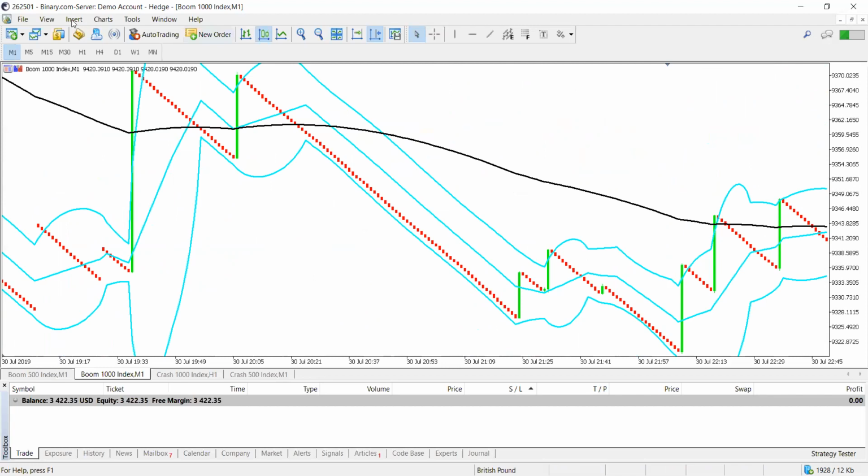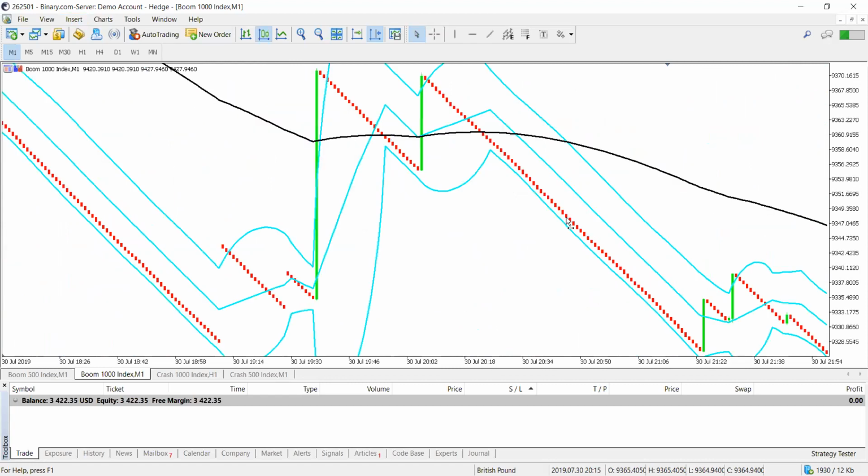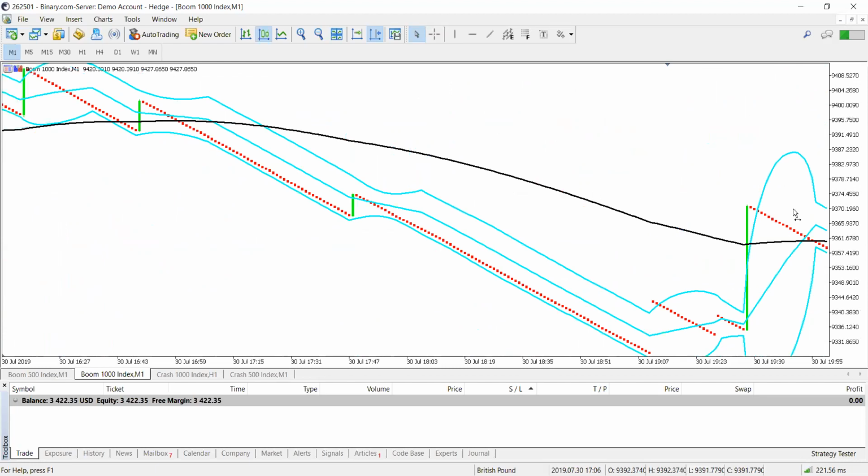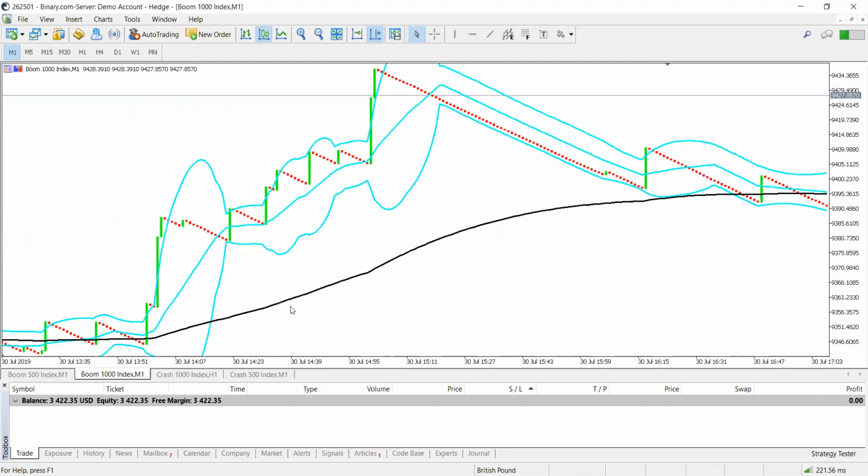Let's put also, when price senses the 200 EMA, it tends to either go lower or bounce. I'm looking for a place where it bounced. Here, for instance.